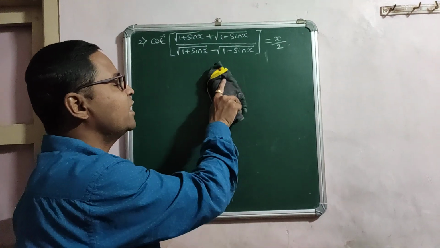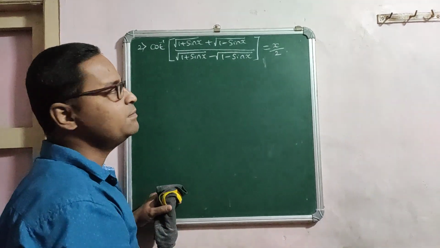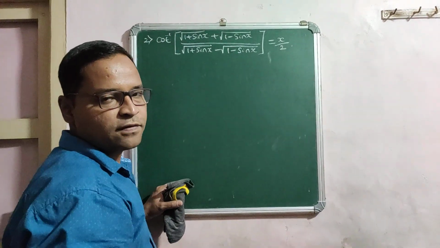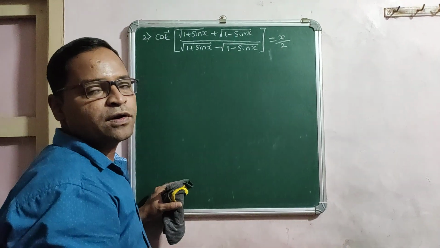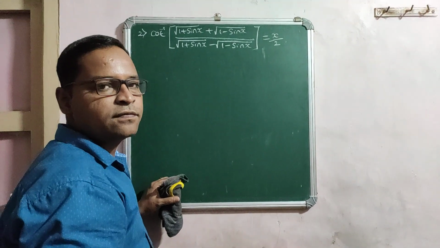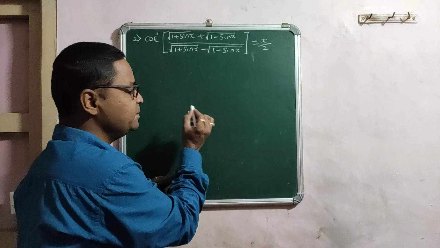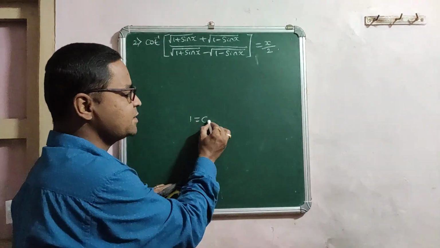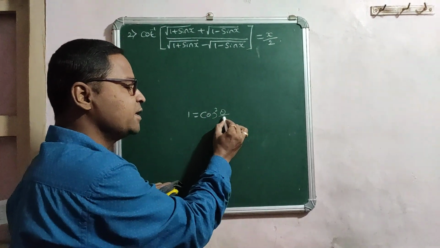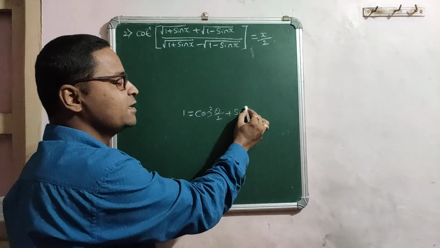For proving in half angle, we have some results. That is, some of the formulas we used to observe in half angle. That is, 1 can be written as cos square of theta divided by 2 plus sin square of theta divided by 2.